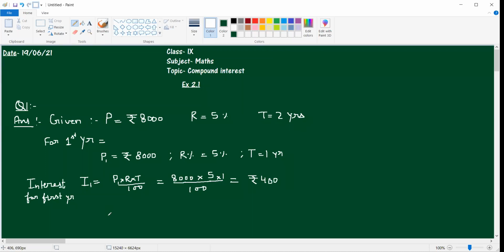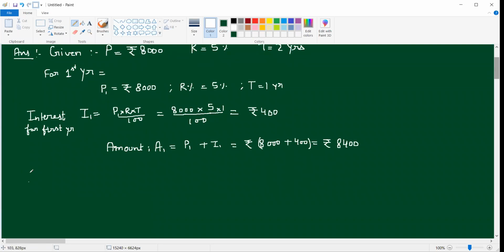The amount A1 after the first year will be P1 plus I1, which is equal to rupees 8,000 plus 400. This 8,400 will be the amount.